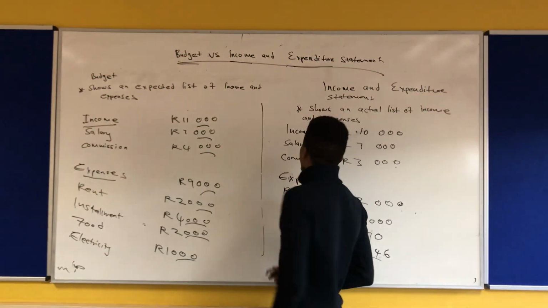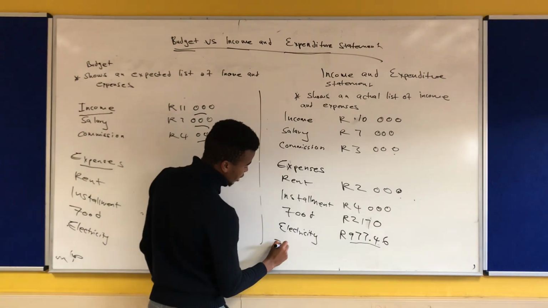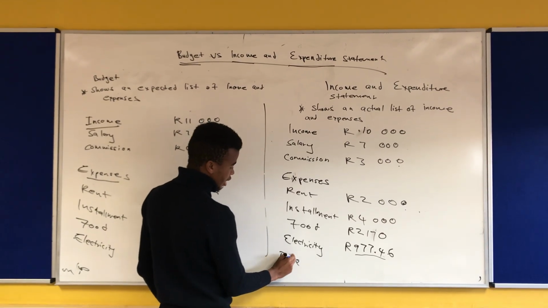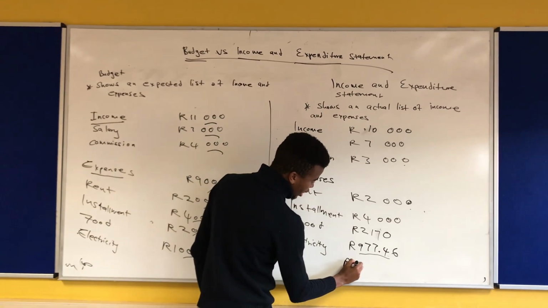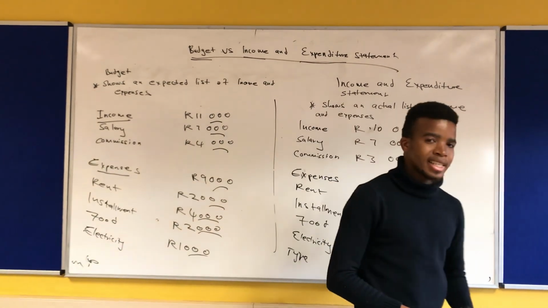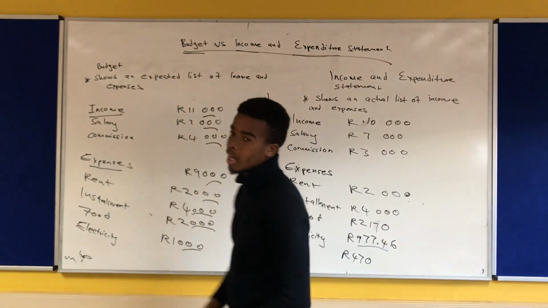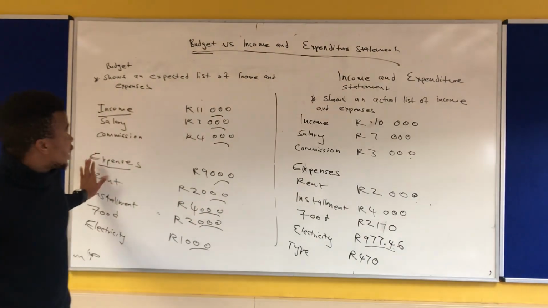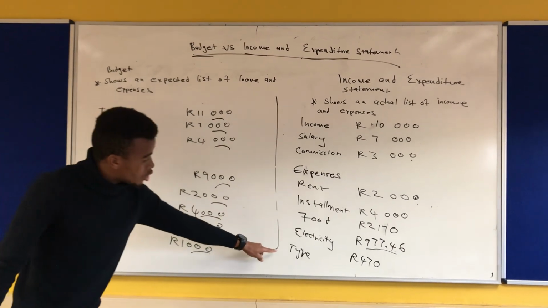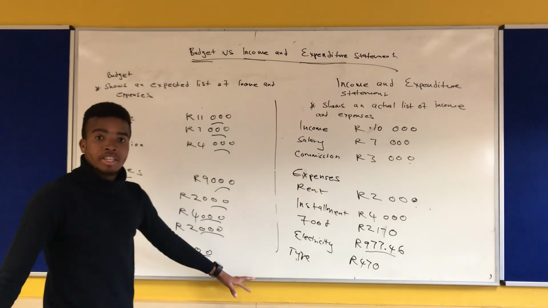Then it might appear that in the income and expenditure statement there is something such as a tire, a tire which cost 470. Then they might ask you, why is there a tire in the income and expenditure statement while the tire was not in the budget list? It's because this is part of the occasional expenses.